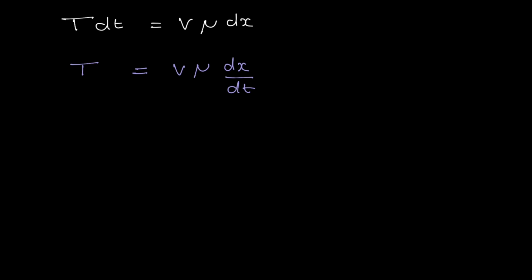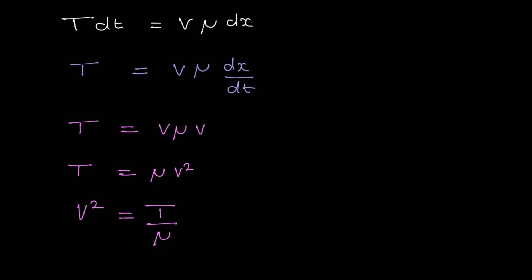So we have T equals v mu v. v times v is v squared, so T equals mu v squared. Therefore v squared equals T over mu. Now we can write v equals the square root of T over mu.